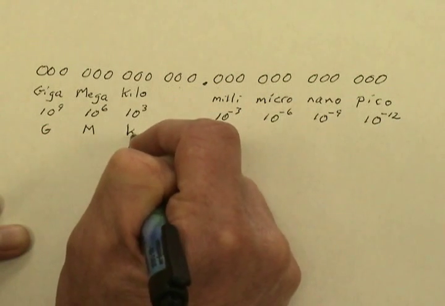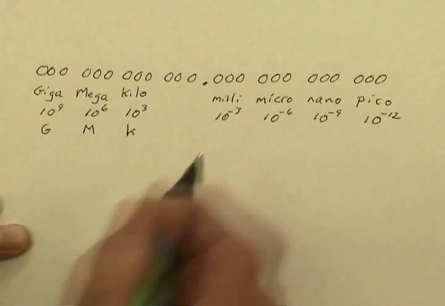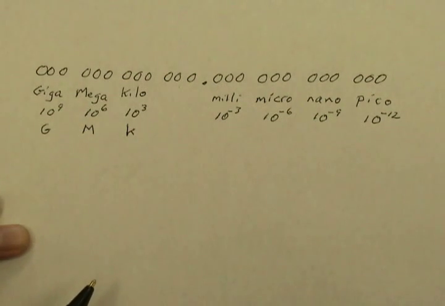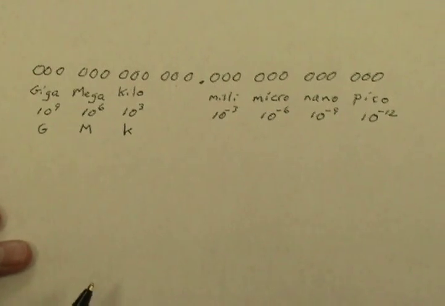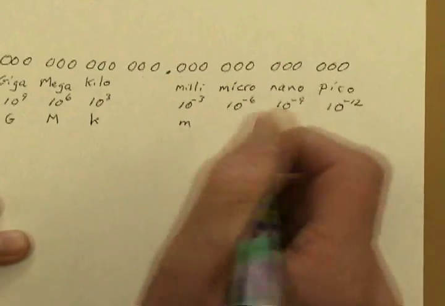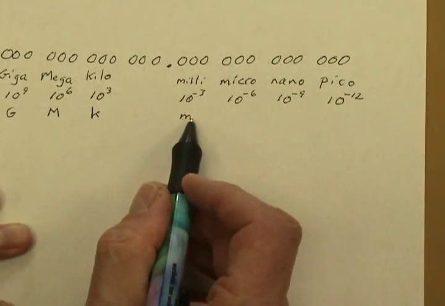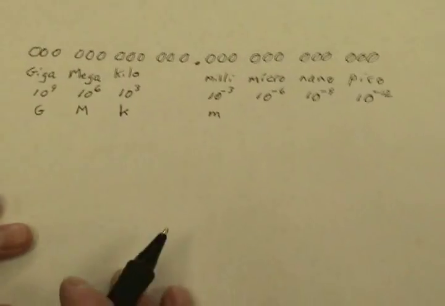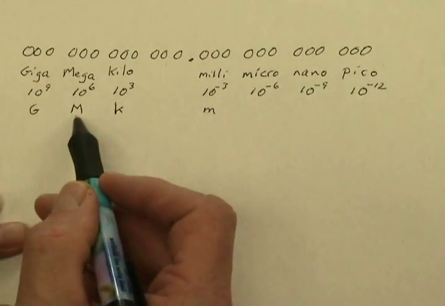It should be a small k, and I have no idea why it isn't a capital K, but standard practice is to make that a regular or small k. Milli, small m, and there we can draw all three parts of the M on the same line. That's the difference between milli and mega.